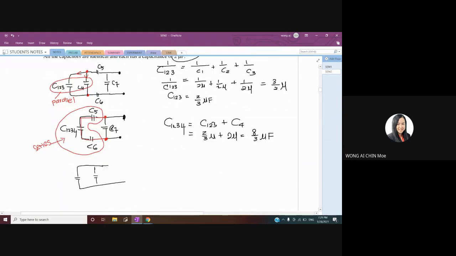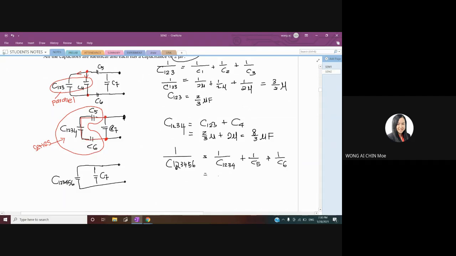C123456, and also C7. So we do series first. Series is 1 over C123456 equals 1 over C1234 plus 1 over C5 plus 1 over C6.